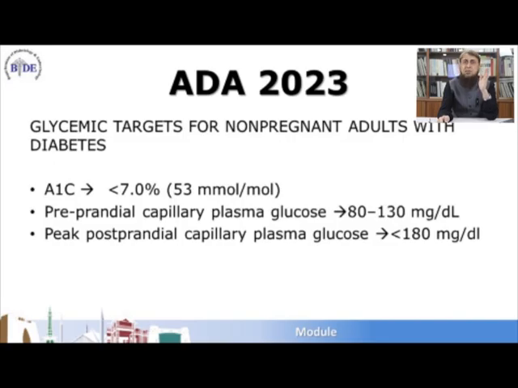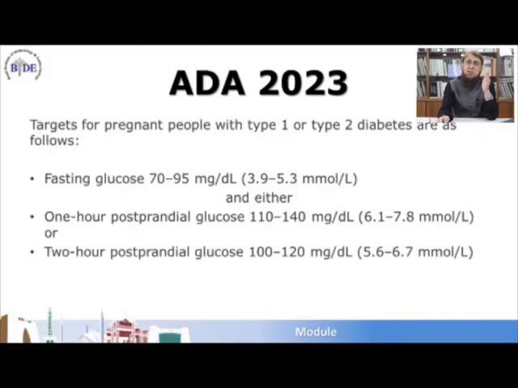I'm sure you will be having a complete lecture on gestational diabetes. The diagnosis of gestational diabetes is very different from the normal one, where impaired glucose tolerance is also considered as gestational diabetes.